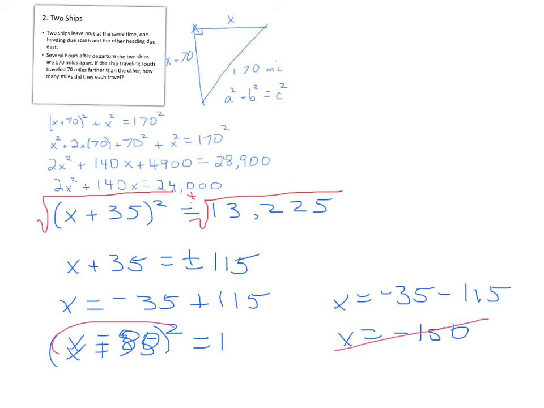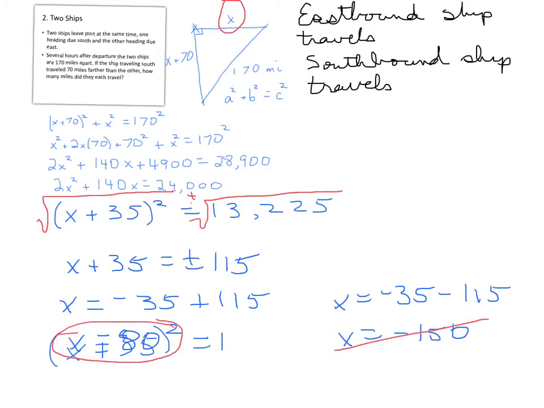That means x equals 80. So what is x? X is the distance that the eastbound ship travels, which is 80 miles. And the southbound ship travels 80 plus 70, so that is 150 miles. And that is the solution.